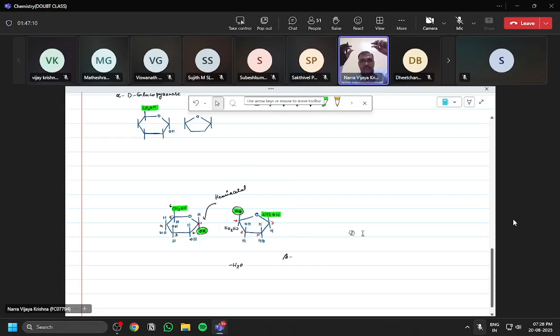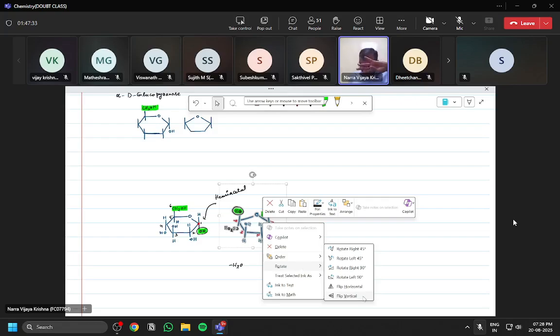CH2OH and OH group, both are on the same side. Is it beta form or not? I brought that OH towards the right side. Just on that molecule I have flipped. Clear? Yes, sir. Now, again I am flipping vertically.